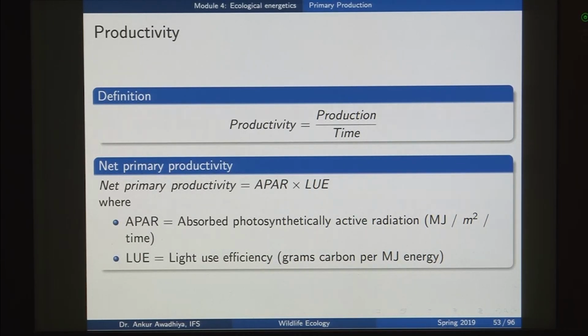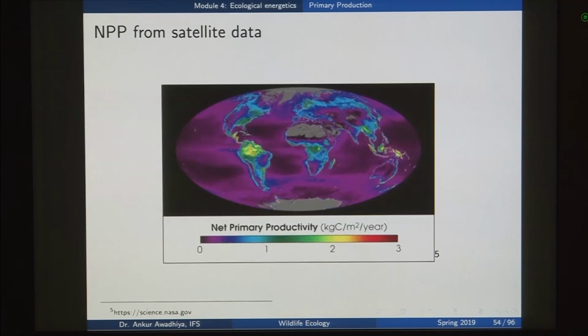It will also depend on the fertility of that area, or the amount of water that the area has, or the amount of nutrients and mineral salts in the soil in that particular area. So, that makes it possible to model the APAR and the light use efficiency to make an estimate of the net primary productivity. So, using that we can compute the net primary productivity.